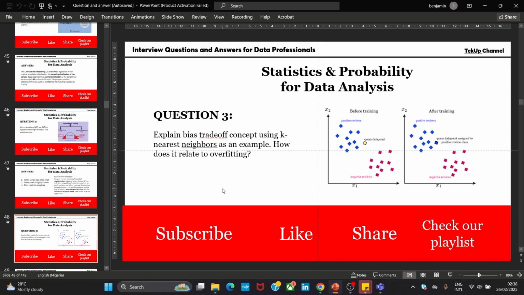Now, what happens when the model closely fits its training data? It captures all the details of the data, including noise.